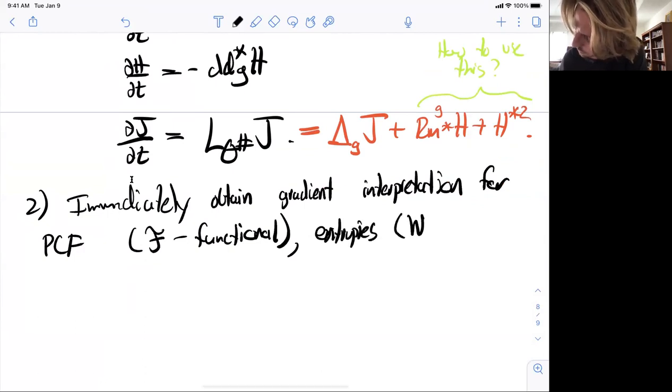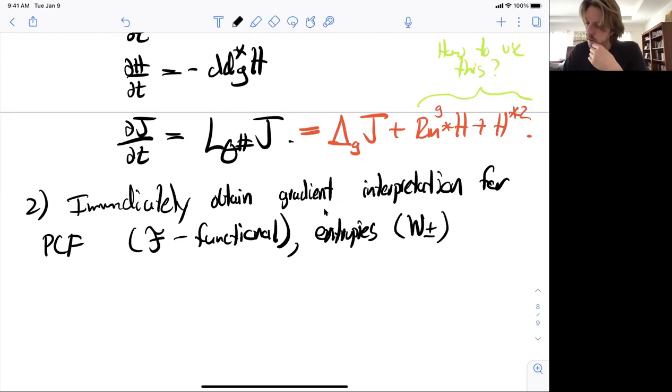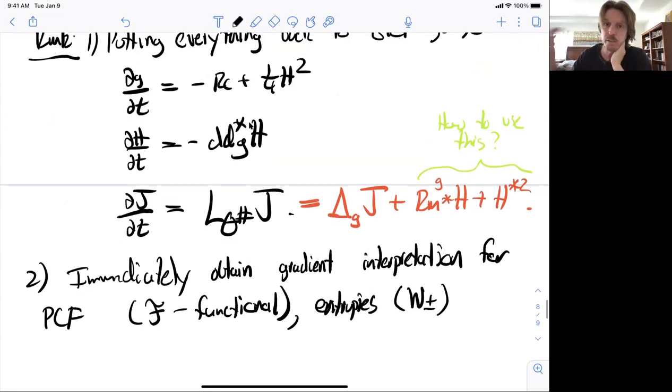Okay, so we discussed a little bit these W plus minus functionals. I'm not really going to review these, but the point is those functionals are diffeomorphism invariant, and so all these monotonicity properties and gradient properties immediately follow for pluriclosed flow, since it's just a gauge fixed version of generalized Ricci flow.